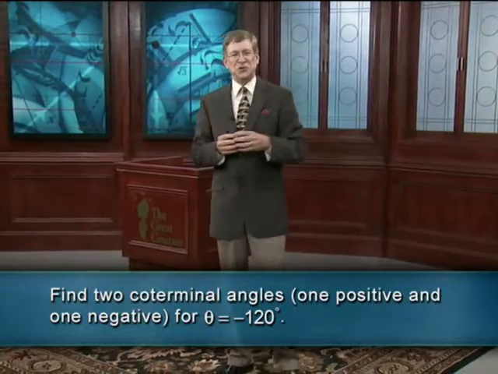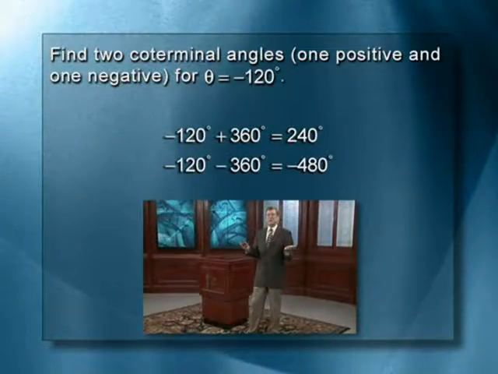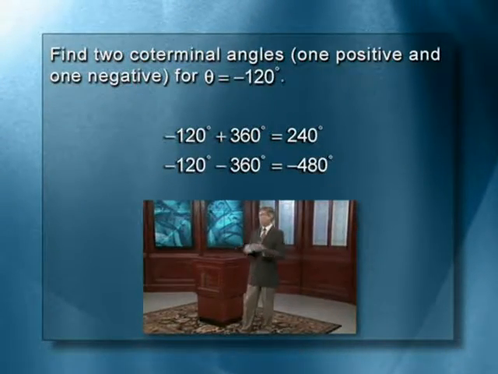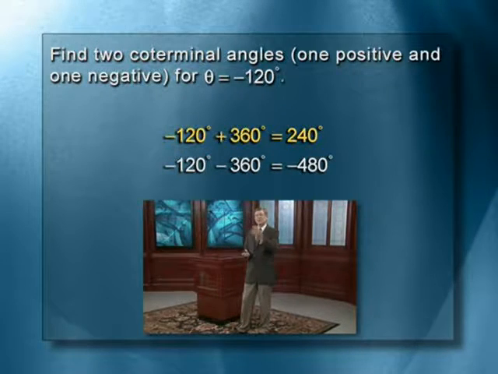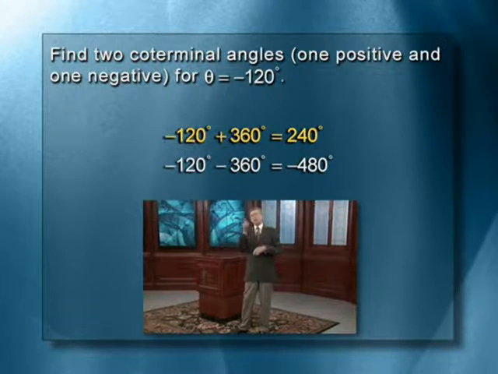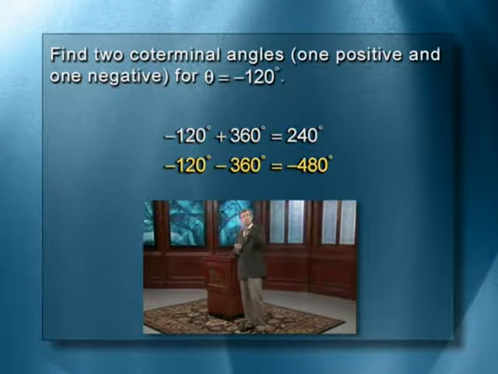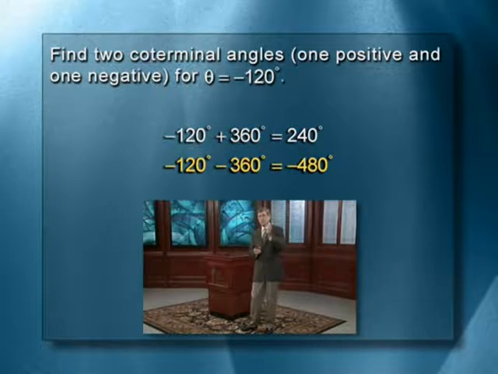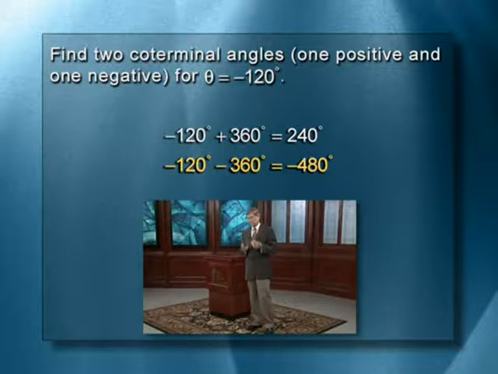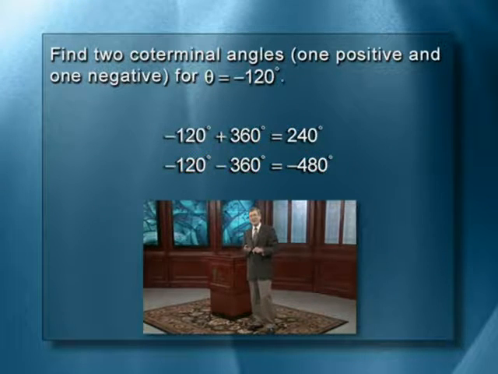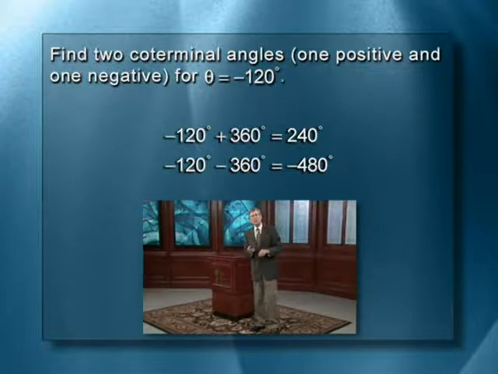And then I'll show you a picture. Well, all you have to do is add 360 or subtract 360. If you add 360, one more trip around the circle, you get 240 degrees. And if you subtract 360, you get minus 480 degrees. Those are coterminal angles with minus 120 degrees.